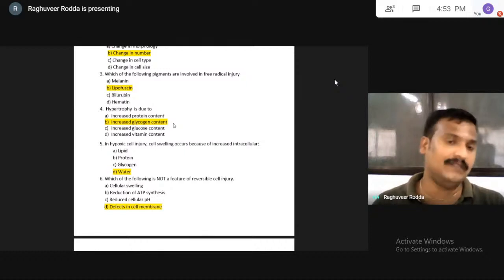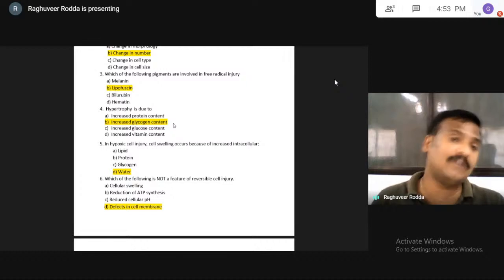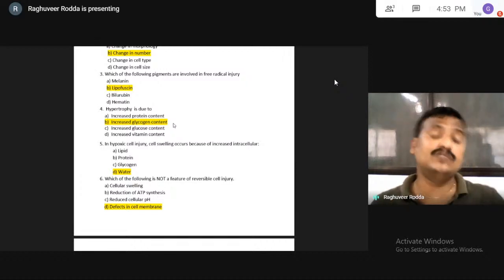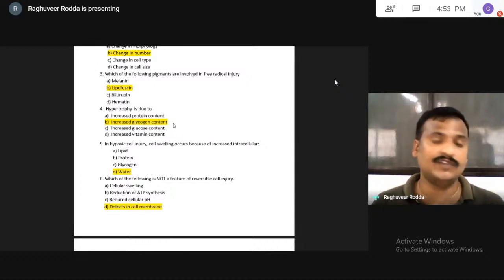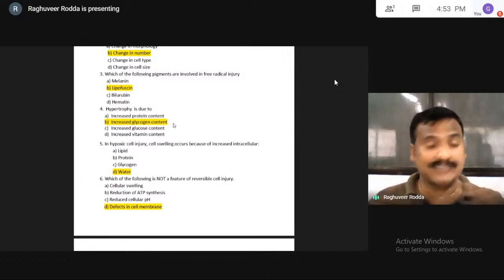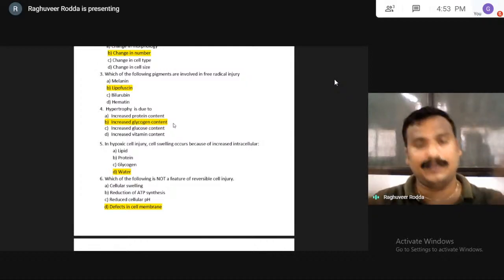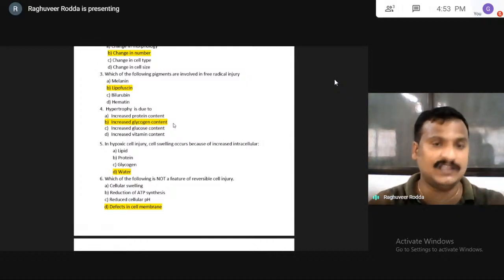Whenever the workload of the cell increases, it is going to need more and more energy, so the cell gets more and more glycogen content for the production of energy, which will be utilized for the increased activities.